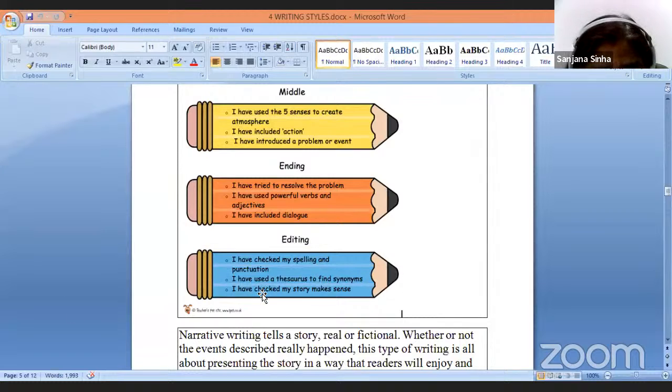And finally, you will check that yes, my story makes sense. मतलब कोई बेतुका स्टोरी नहीं है, बिना सिर पैर का कोई स्टोरी नहीं है. This story has a body, a face, eyes, ears. It does make sense. So all this is included in the narrative style of writing. Got it?